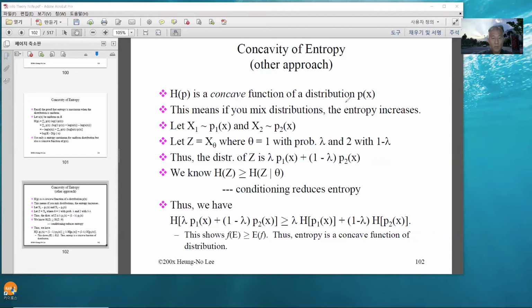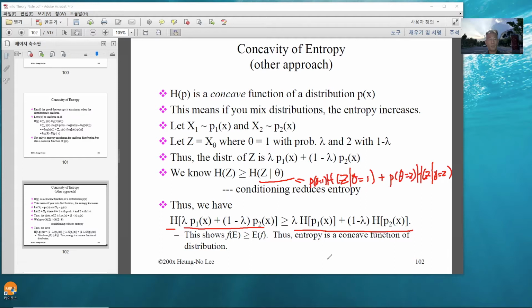Entropy of Z given theta is equal to 1, the probability that theta is equal to 1, plus the probability that theta is equal to 2 times the entropy of Z given theta is equal to 2. So that is nothing but this part right here. And the entropy of the distribution of Z is given right here.